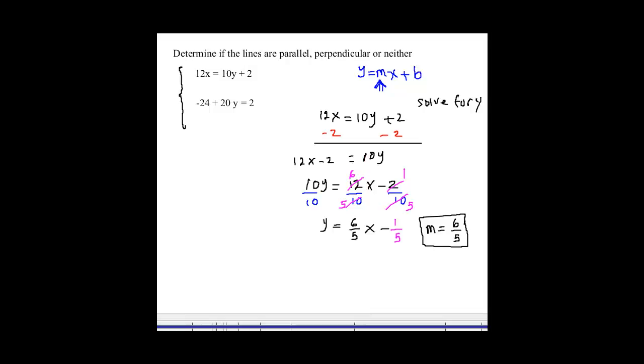Alright, everybody okay with that so far? The slope is 6 over 5, and the y-intercept is minus 1 over 5. Okay, let's take a look at the second line. Minus 24 plus 20y is equal to 2. You're going to solve for y. We can add 24 to both sides of the equation.